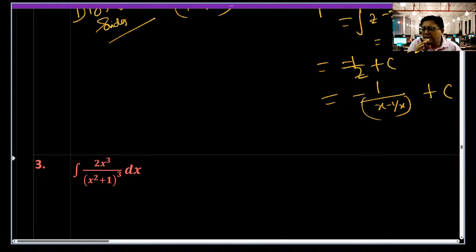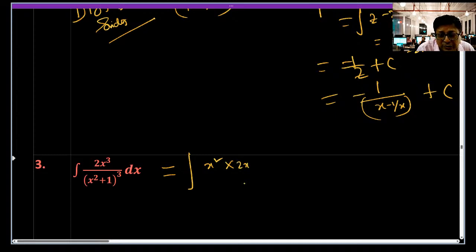These sums I am discussing here, you won't be able to express f dash x into fx form, or fx to the power n into f dash x form. So you have to make a substitution. What substitution you make here? Before that, you just check once. Numerator is x square into 2x.